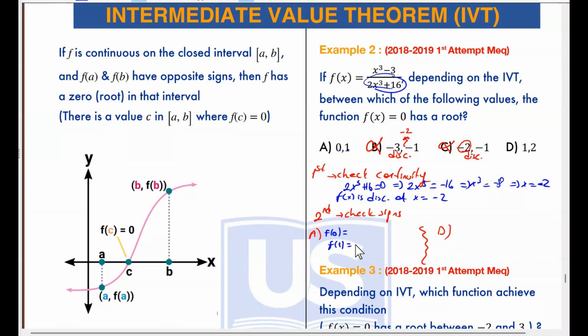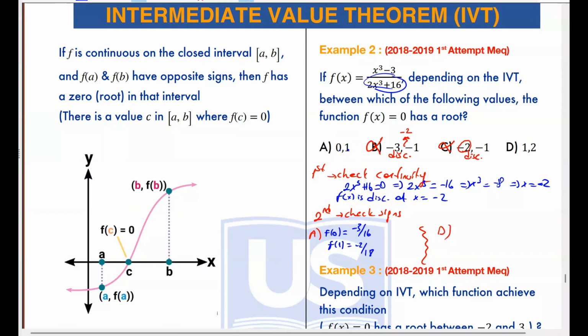Do they have opposite signs? If they have opposite signs, then there's a root between them. It's our correct answer. If not, it's not our correct answer. Okay, f of 0. 0 minus 3 divided by 0 plus 16, which is negative 3 over 16. f of 1. 1 minus 3 is negative 2, divided by 2 plus 16, 18.